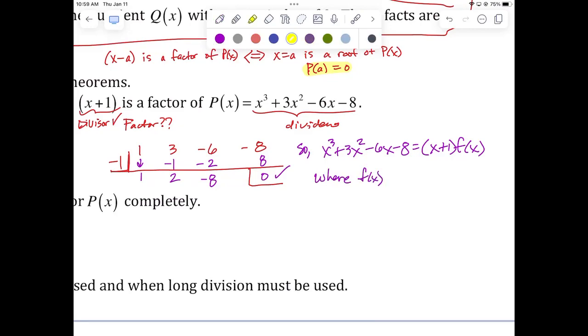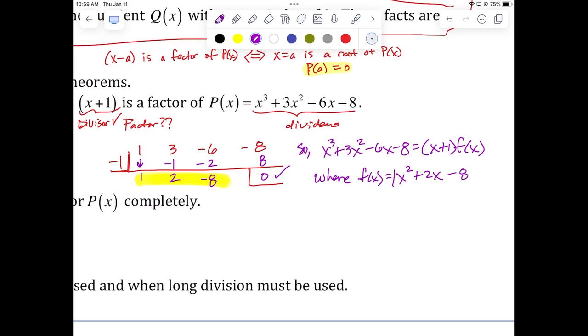The answer is absolutely. Because what do those numbers that I highlight represent? Those are the coefficients of your quotient. So it should be 1x squared plus 2x minus 8.